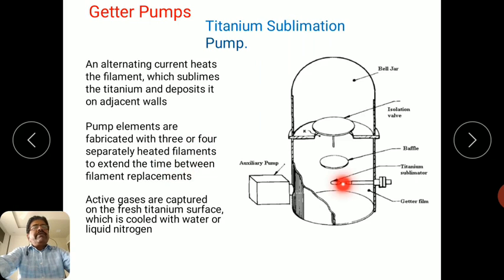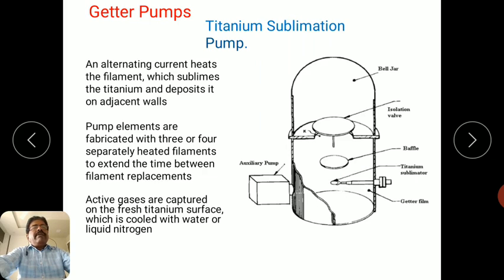So like this, instead of having only a single filament, 3 or 4 such filaments are present here, so that the time between filament replacements can be extended. Suppose you want to continue this process, one filament will not be sufficient and you will need another filament.